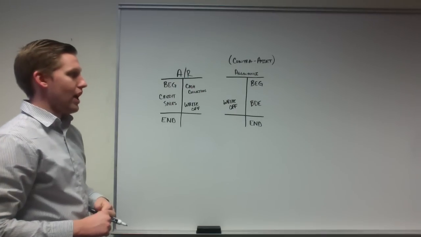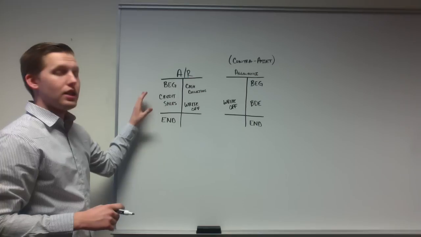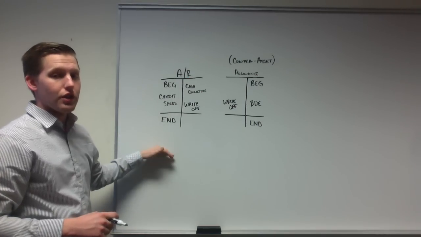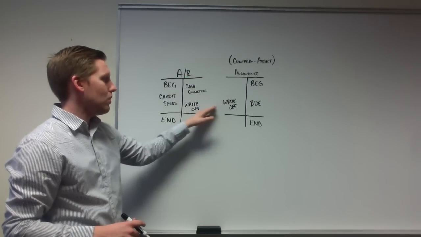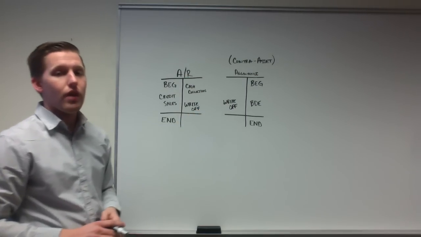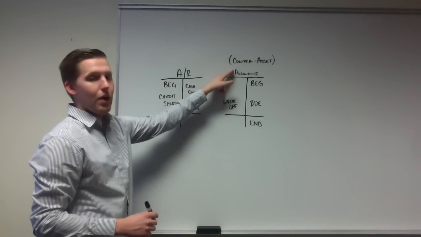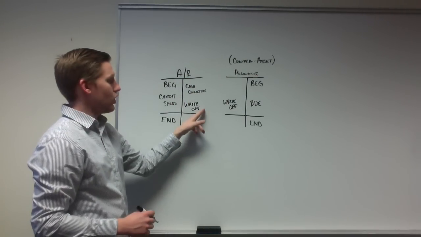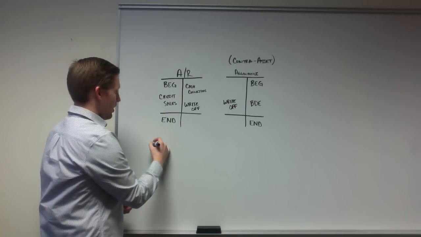Also, what I want to point out is if we remember the relationship between T accounts and journal entries, then we know right now what the journal entry for a write-off is. It's a debit to the allowance account and a credit to accounts receivable. So I'm just going to write that for you here.